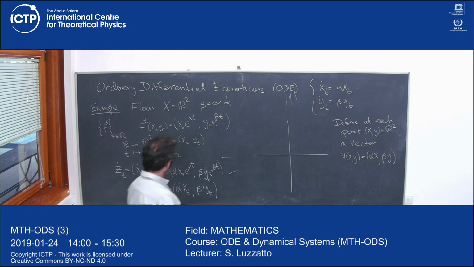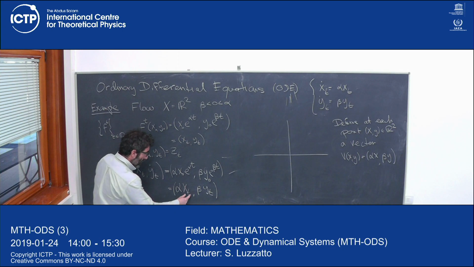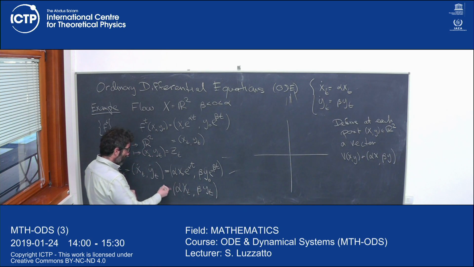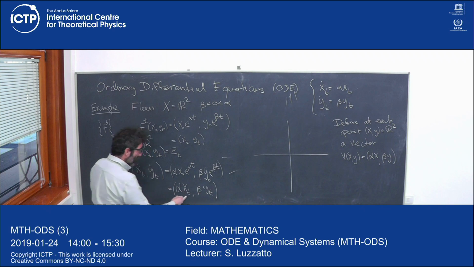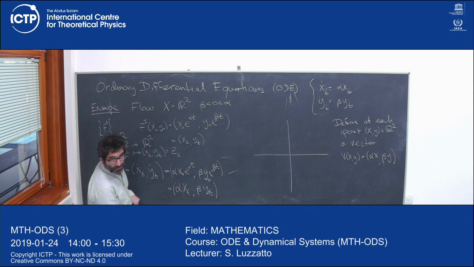So, here the dependence on t, I've got the dependence on t because this is the point x(t), y(t). But really what I'm saying is that whatever this point x(t), y(t) is, the tangent vector is of the form alpha times the x coordinate, beta times the y coordinate, right?